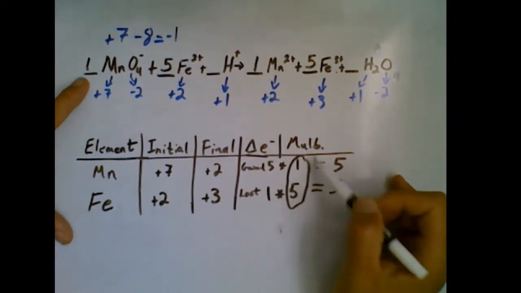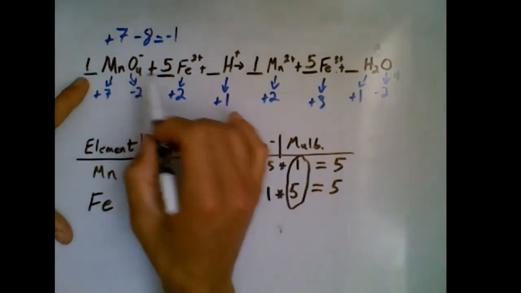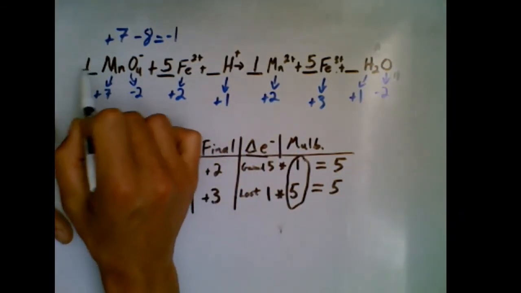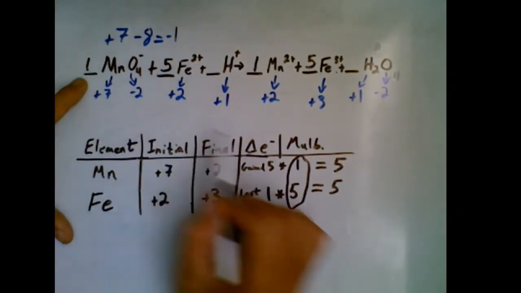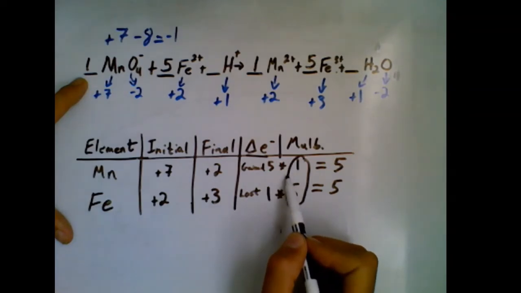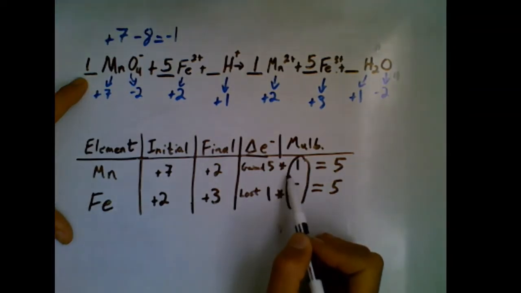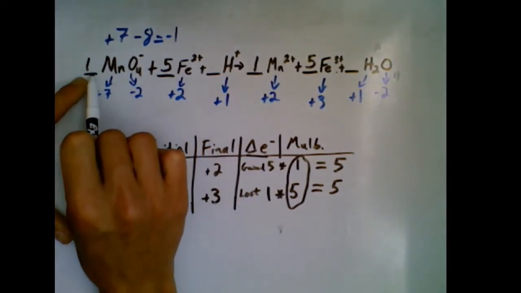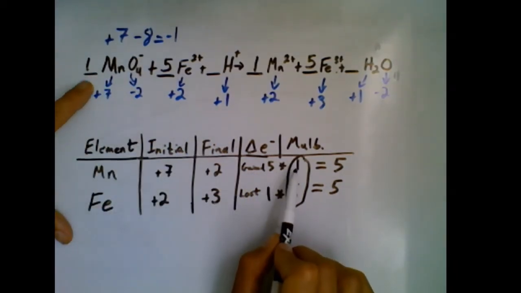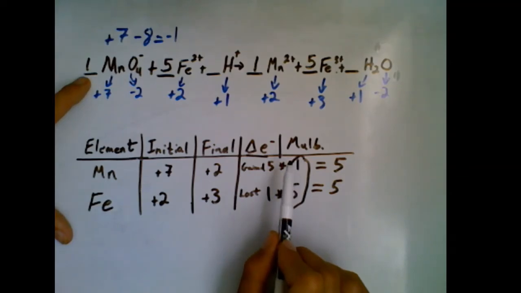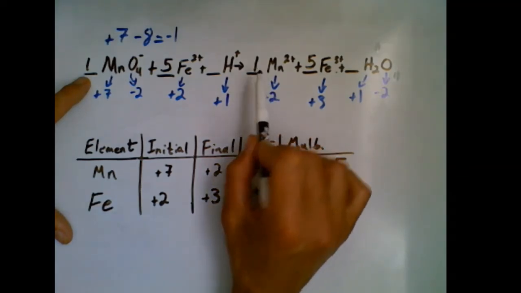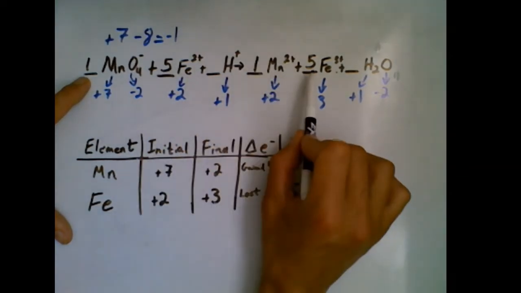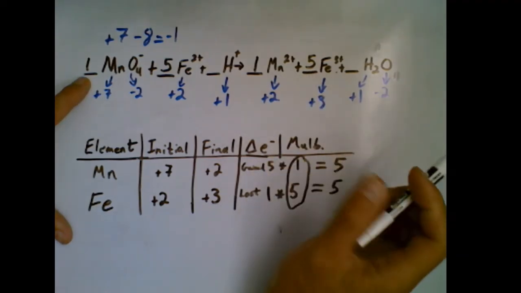This method right now doesn't actually address those, but we can fill those in after. We know this has to have a coefficient of 1 because of what we calculated down here. Because of the amount of electrons changed, this coefficient cannot change from what it is there. It is basically fixed as this number. And same thing here, this one is fixed, same with here and here. They are stuck and locked in where they're at.